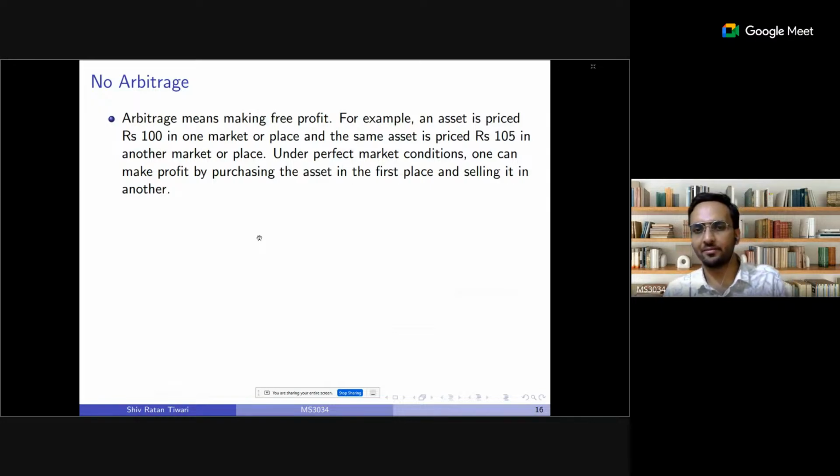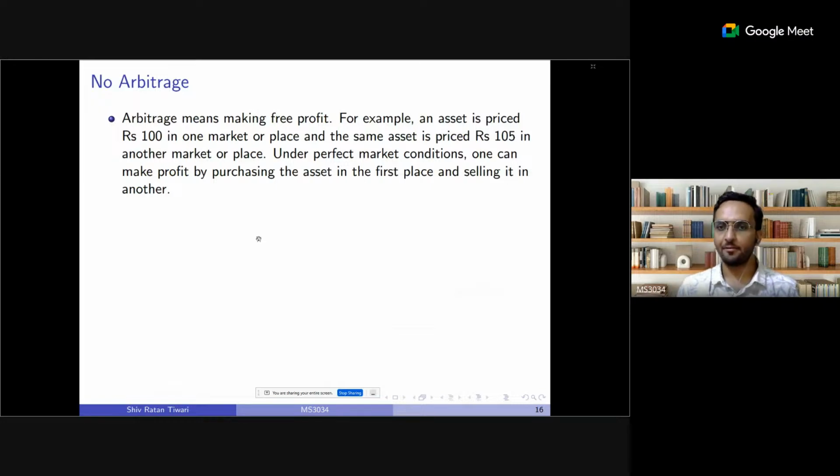Similarly, in the form of assets, there could be one share trading on different exchanges. For example, an Indian share is traded on the Bombay Stock Exchange, and the same share may be traded on the New York Stock Exchange in the US. You compare, and if there is a significant difference in prices, then there is a possibility of arbitrage.